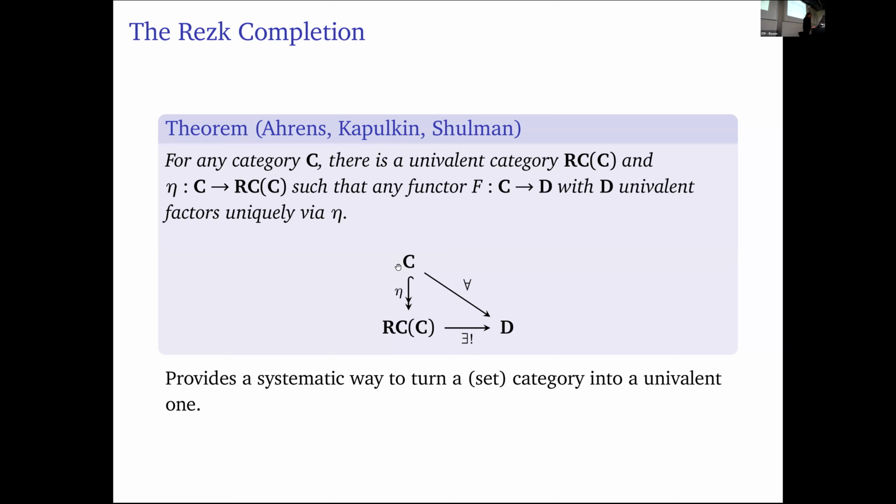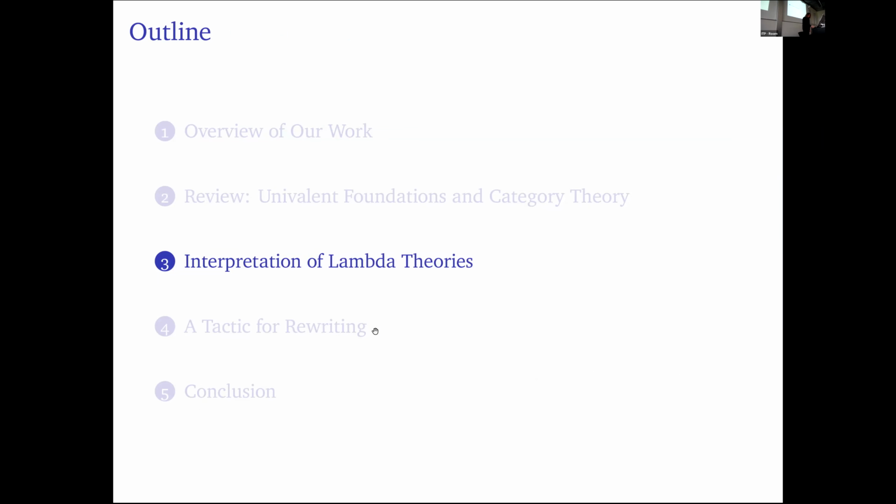If C is any category and D is a univalent category, then any functor from C to D factors uniquely via the Rezk completion of C, which is a univalent category. So that provides a systematic way of turning a set category into a univalent one. So that was just a brief review of univalent foundations.